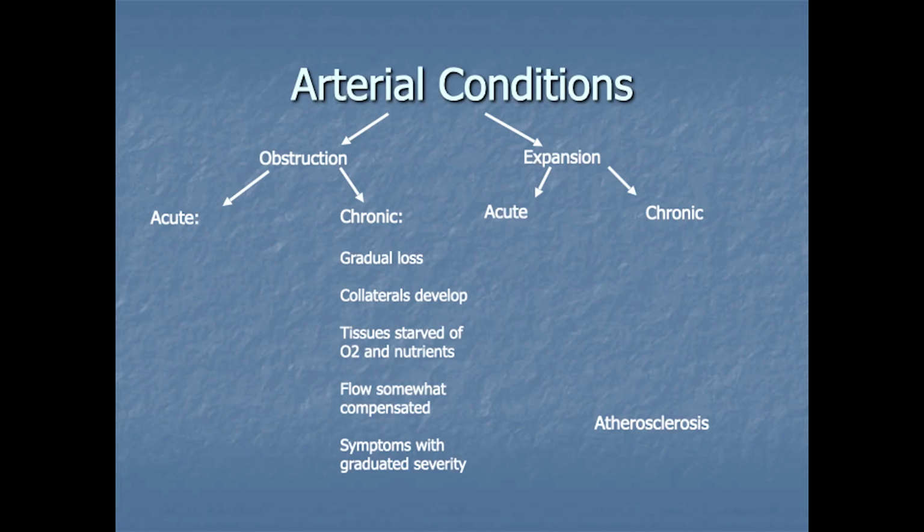Compare that to chronic conditions. The most common is atherosclerosis, and I'm sure we all know something about atherosclerosis. That's a gradual loss of circulation over time, and you have time to compensate and build up collaterals. As the circulation shuts down on one end, the body's trying to open up and compensate on a different end over time.